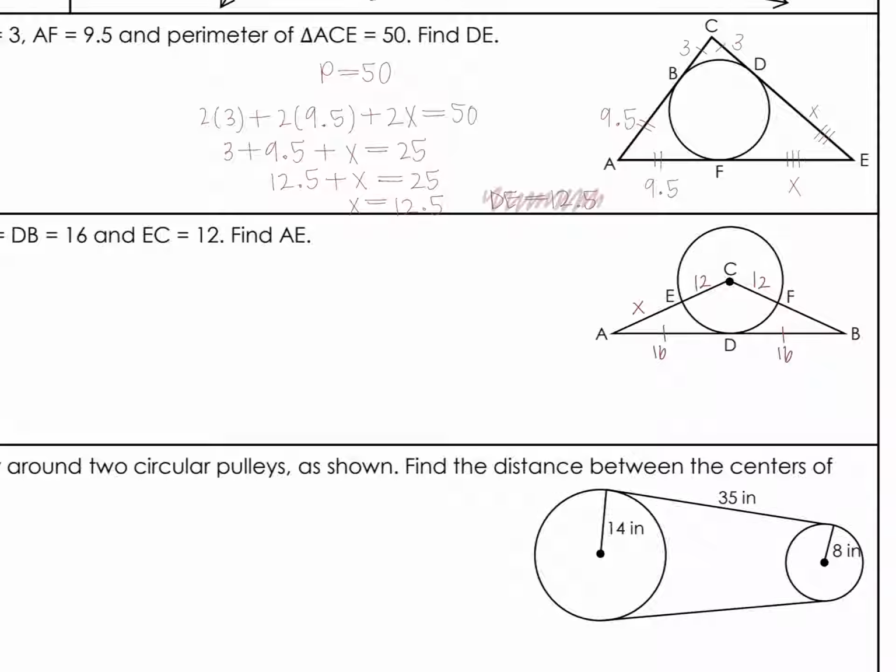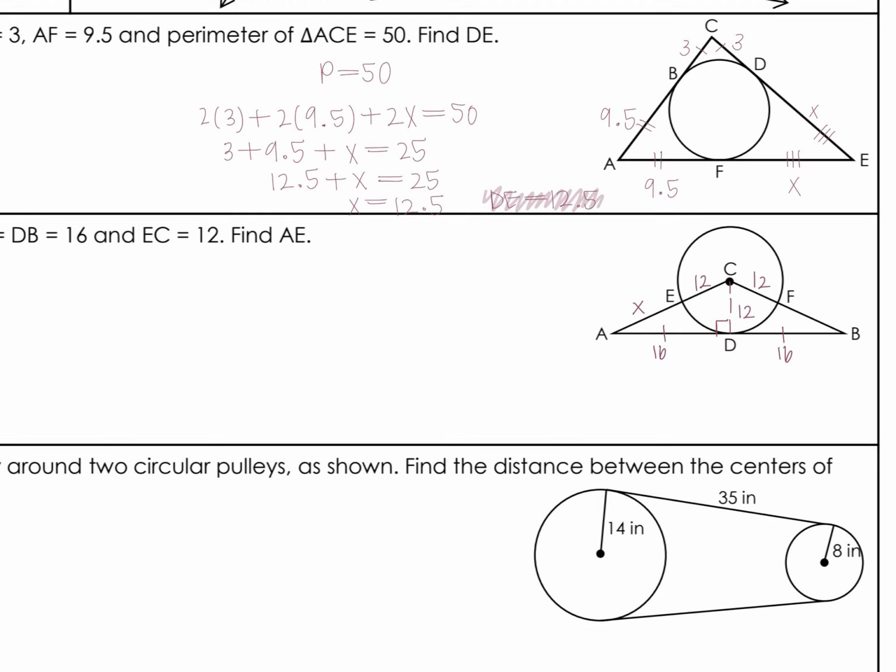So with that being said, what I can do is create a right triangle using a radius to that tangent line. And so we can use Pythagorean theorem. Now remember, you do need to know 2 of the 3 side lengths in order to use that. And keep in mind, once again, I drew a radius from C to D. And so this is also going to have a length of 12 as well.